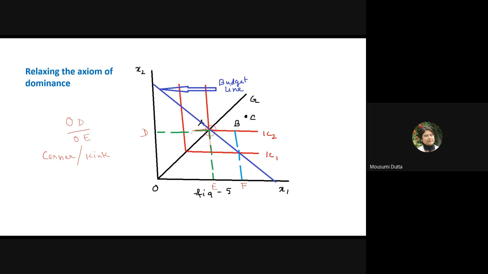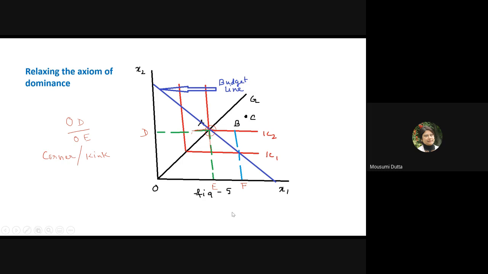Okay. So commodities are complements to each other. So consider a case where we are measuring x1 along the horizontal axis, x2 along the vertical axis. Consider the budget line as KL, or MN, because these points are not here.